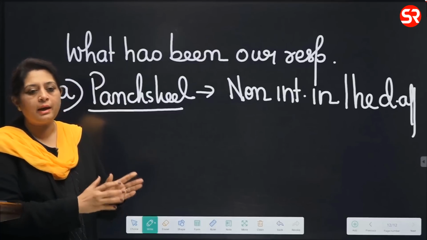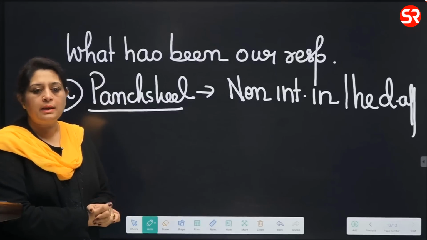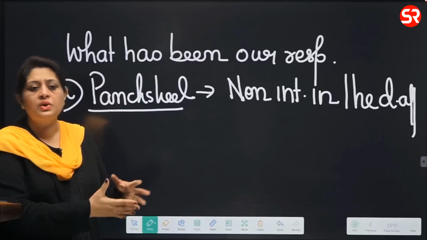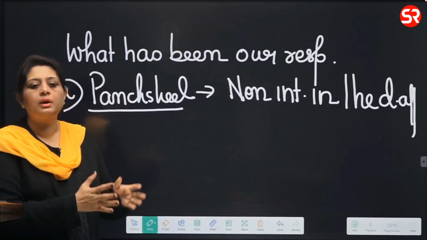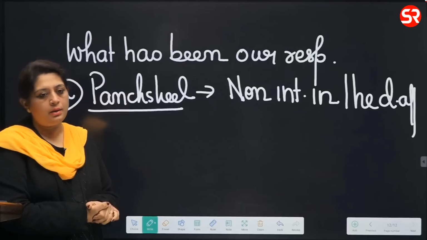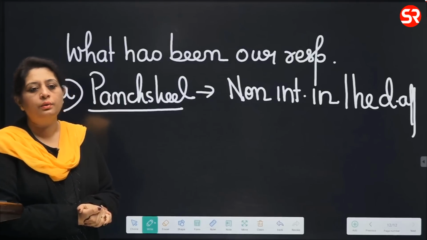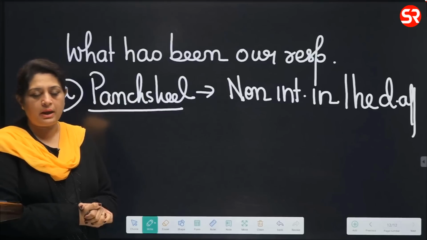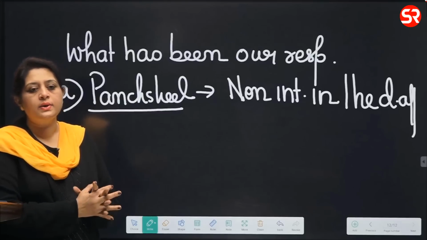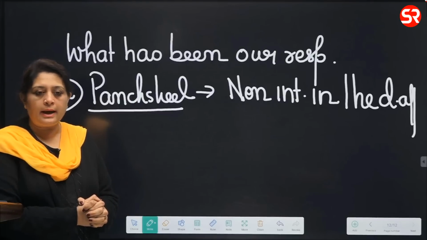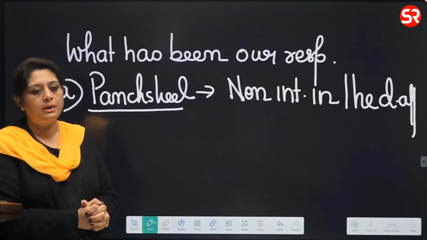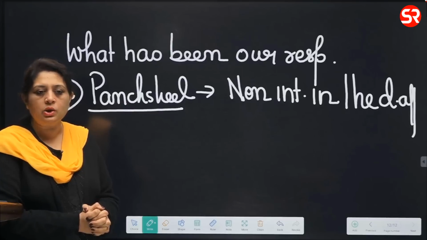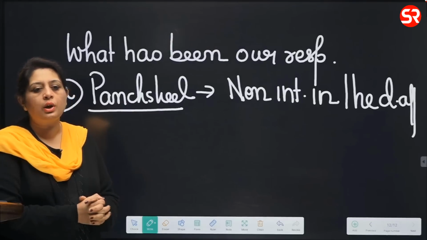So even if we have this policy, sometimes the situations will not permit us to continue with that policy. So the first major grand strategic framework has been Panchsheel, but the situations have been such that it was not possible.